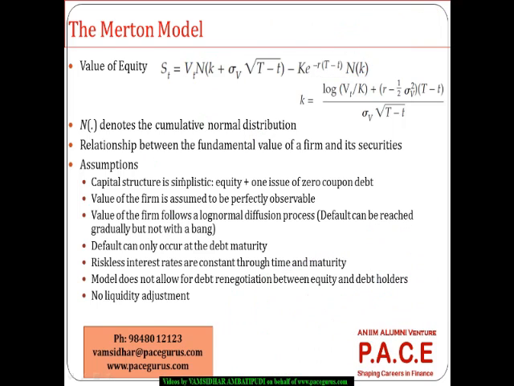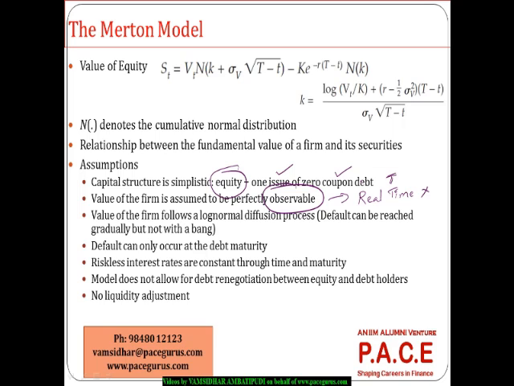A few important assumptions go into this model. At any point in time, the company has a very simple capital structure. There is equity, and the debt portion is nothing but one single issue of zero coupon debt which is maturing at time T. That's a straightforward assumption. Then the value of the firm is assumed to be perfectly observable, but it's not so in real time, because the debt is not that actively traded in the market.